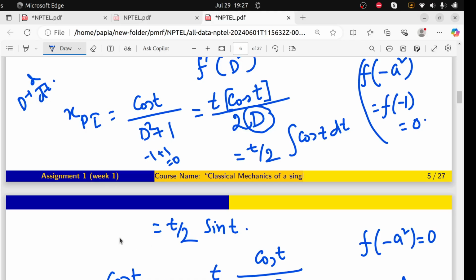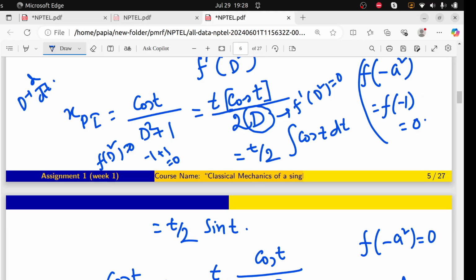Now let's say in any example our f prime d. I mean for this case I told that f prime d square was 0. Right? Again here also f prime d square is 0. Let's say here it is not 0, but let's say it is 0. So for that case I have to take another t outside.